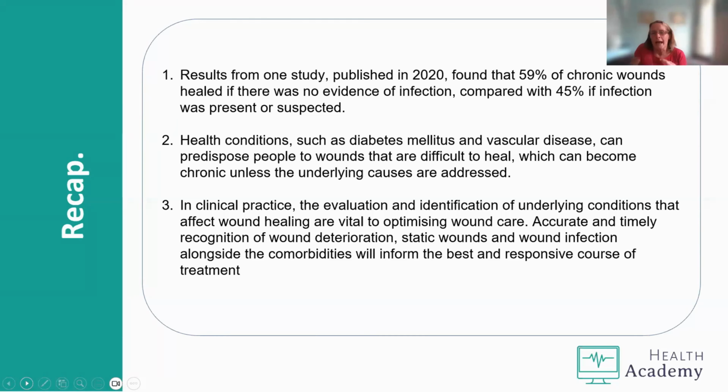So we've got the opportunity to deal with that additional group that didn't heal if we recognize and deal with signs of infection, and think from an early stage, what do we need to do to move this along.